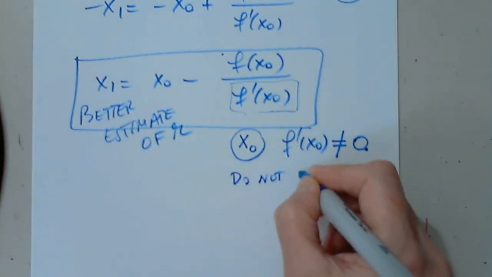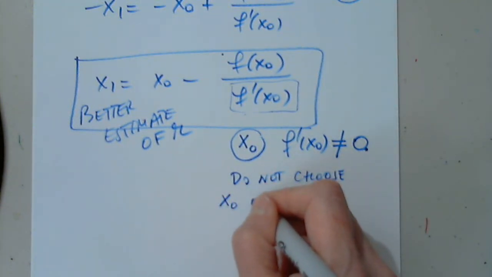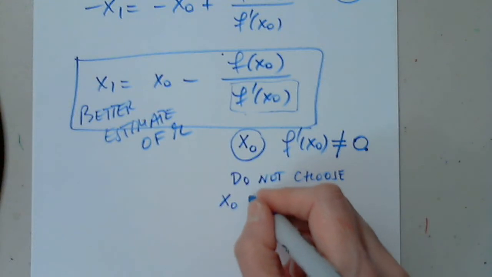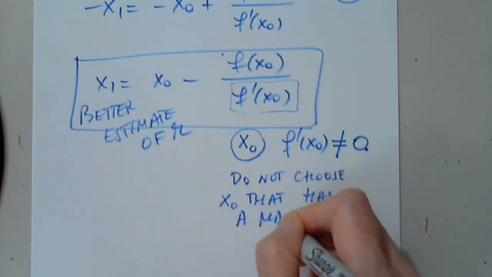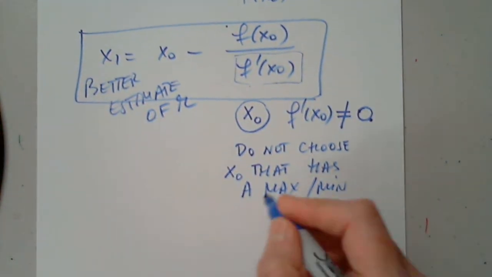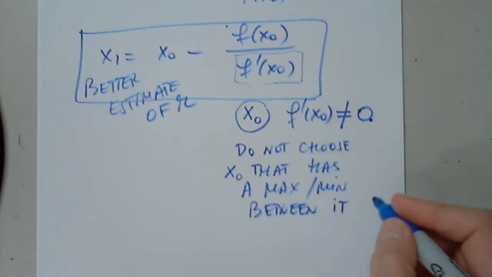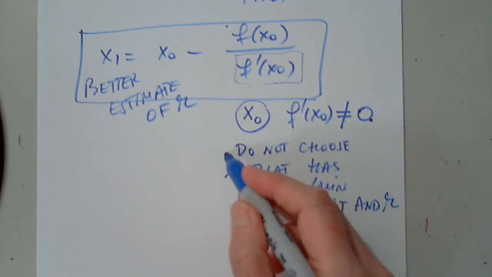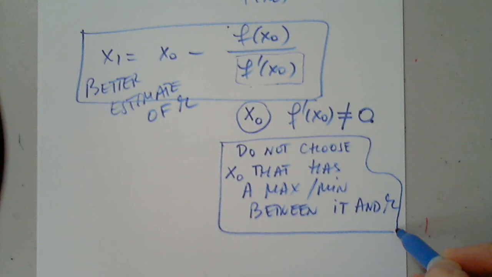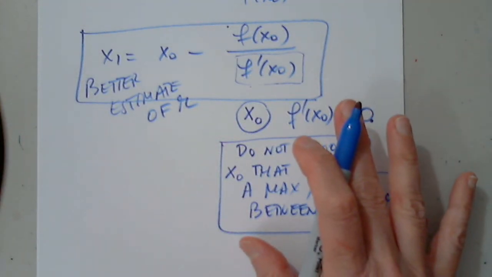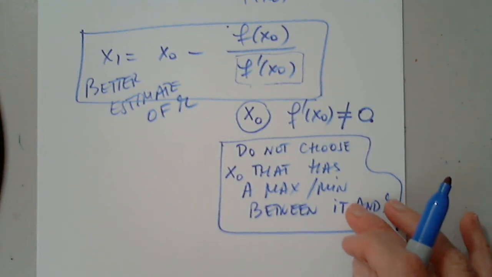Do not choose an x0 that has a max or min between x0 and r. The method will never converge. So this is less of a problem, and if the method doesn't converge, then we will realize that something is wrong.